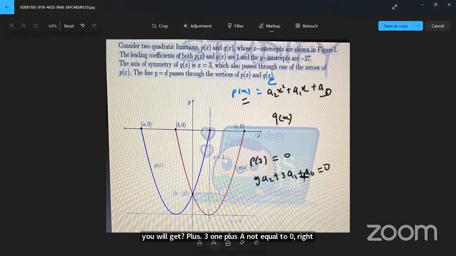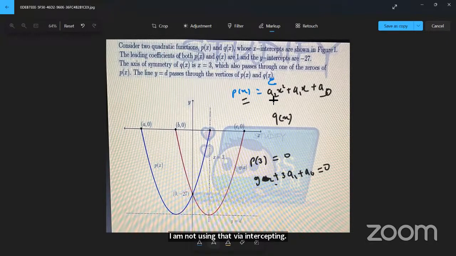We already have the value of a2. It will be 1. It's given that the leading coefficient of both p(x) and q(x) is 1. And a naught will be minus 27, sir. Why? It's given that its y-intercept is minus 27. I am not using that y-intercept now.